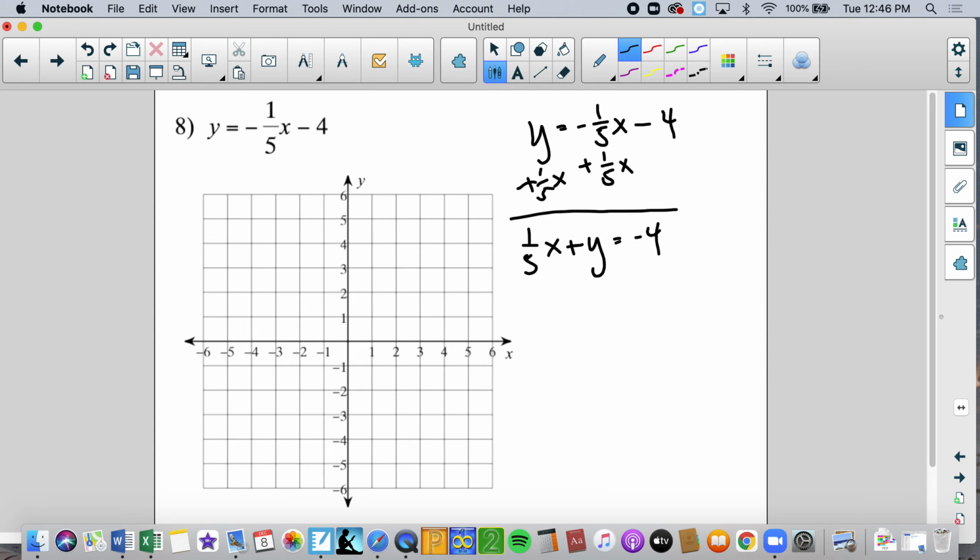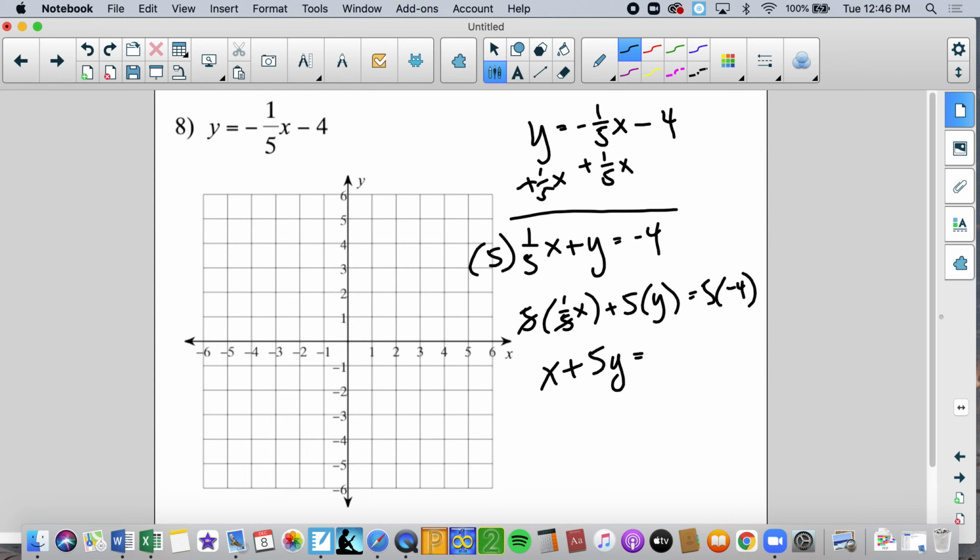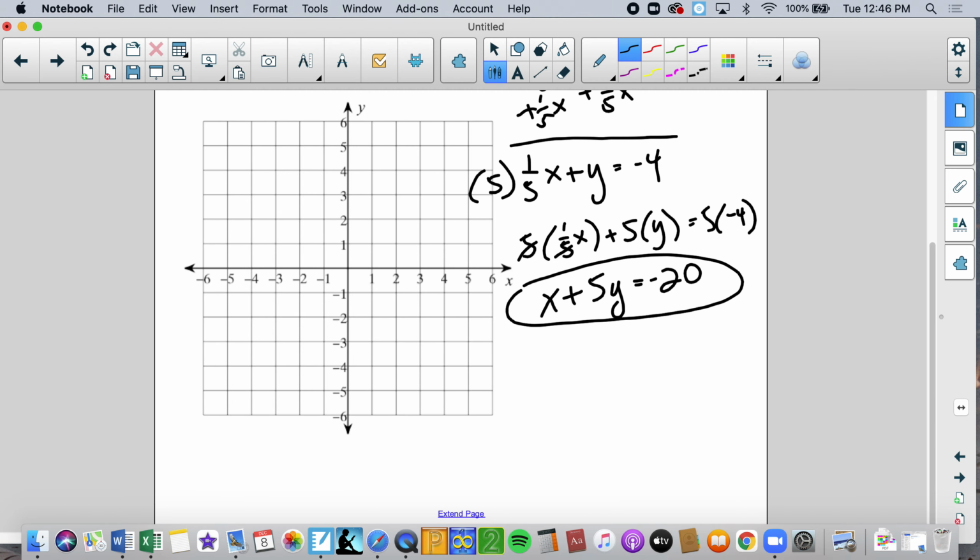We have to get rid of the fraction. So I'm going to multiply everything times 5. 5 times 1/5 x plus 5 times y equals 5 times negative 4. The 5's cancel. You're left with x plus 5y equals negative 20. That is my linear equation in standard form.